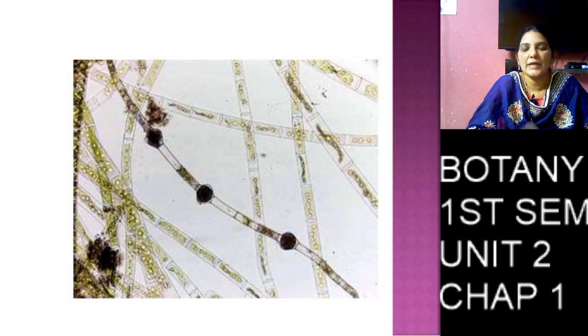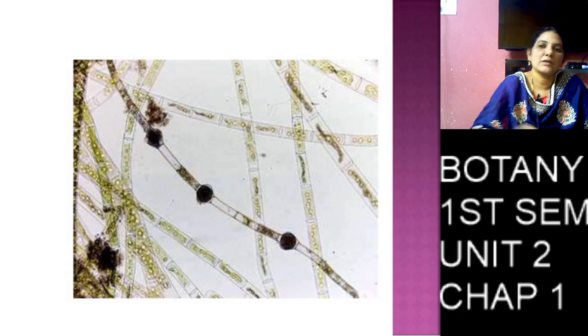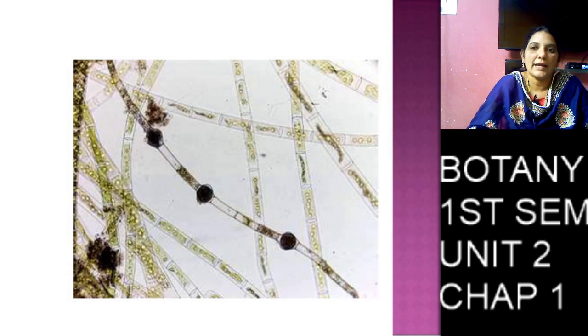at the time of cell division, the nucleus comes to the middle of the cell, and one thick ring-like structure forms at the upper side of the cell.